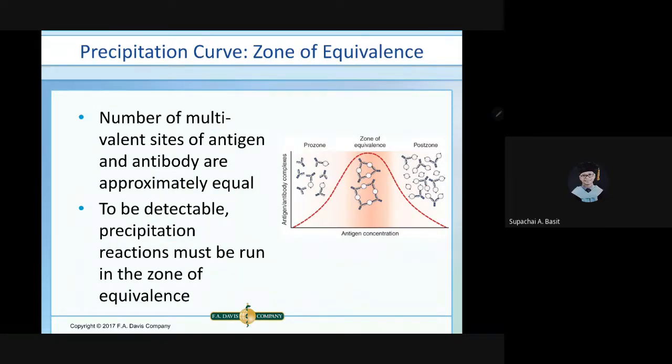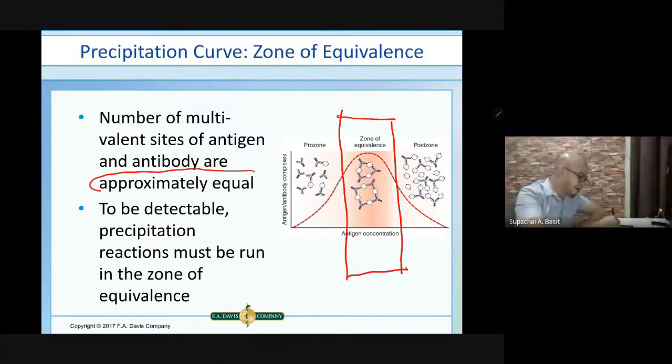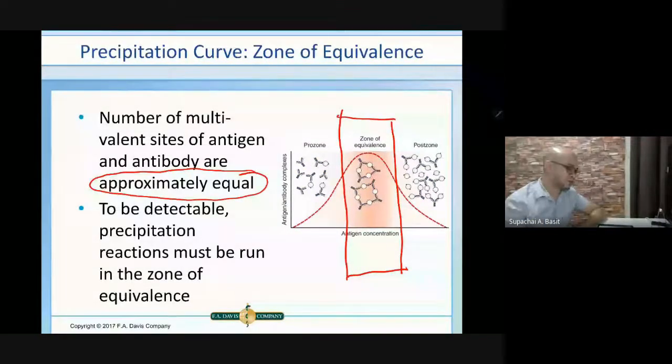So what do we mean by the zone of equivalence? This is now the zone of equivalence. When you say the zone of equivalence, the number of multivalent sites of antigen and antibodies are approximately equal.